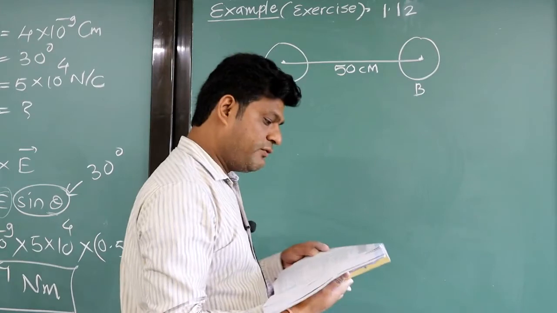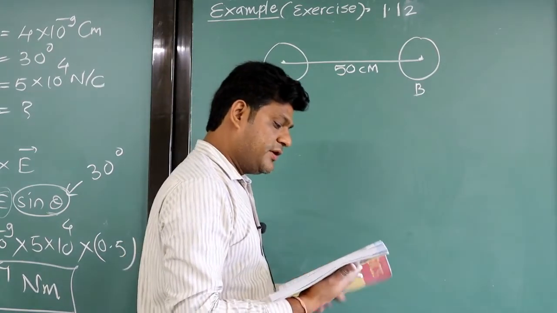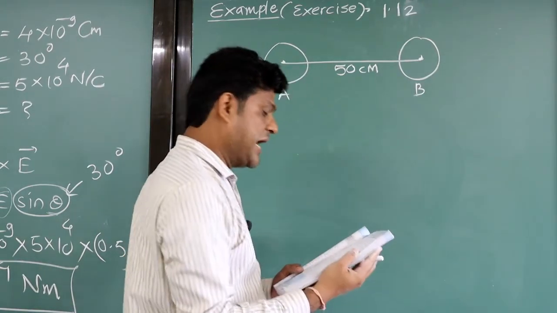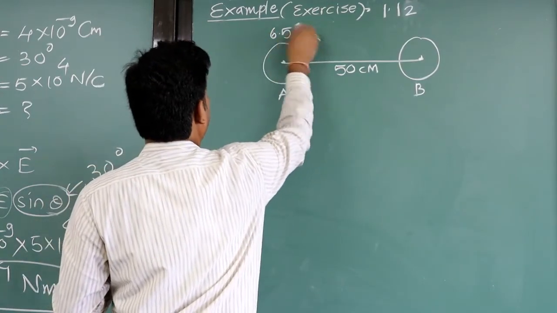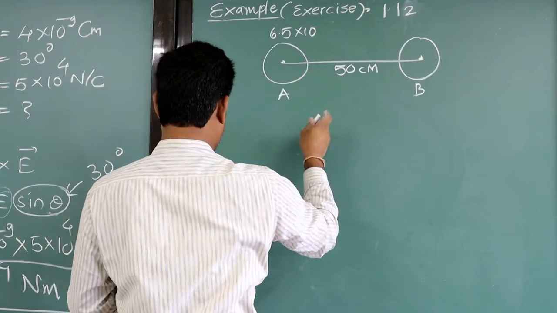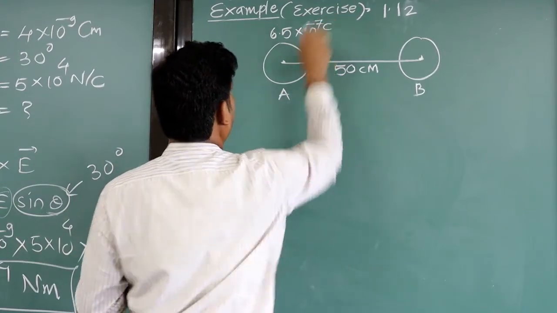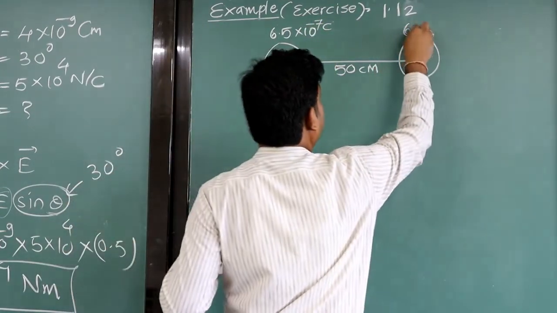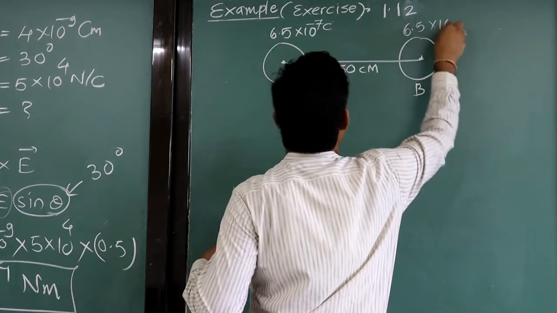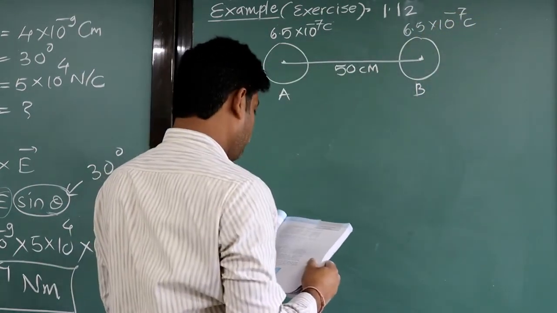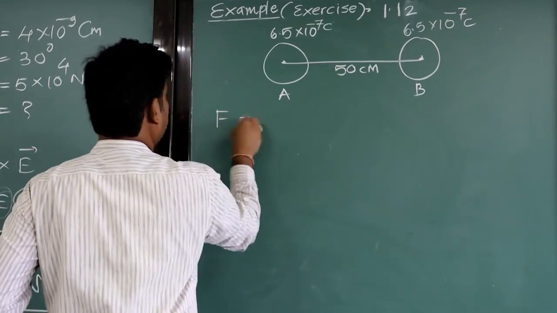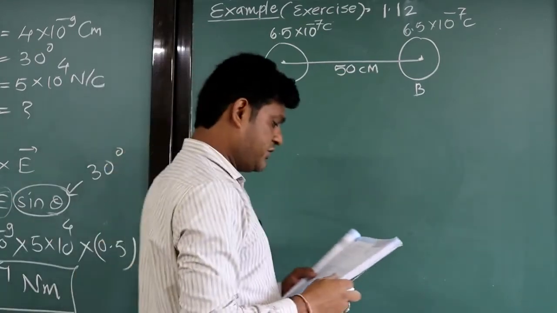What is the mutual force of electrostatic repulsion if the charge on each is equal to 6.5 into 10 to the power minus 7 Coulomb? The charge on the second is also 6.5 into 10 to the power minus 7 Coulomb, right? So calculate the force of repulsion. Force equal to question mark, that is your question.